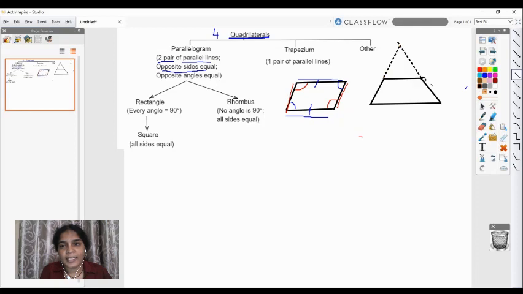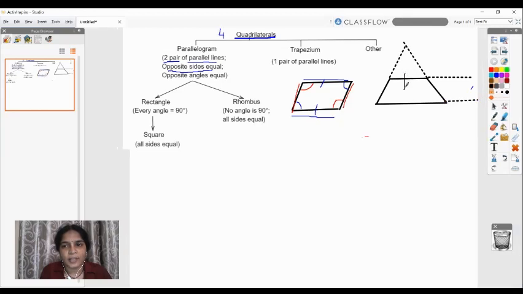But if I extend this line or the bottom line, they are not at all going to meet. So the lines which don't meet are called parallel lines. So in this figure, what are we getting? We are getting one set of parallel lines. That is, this line is parallel to this line.